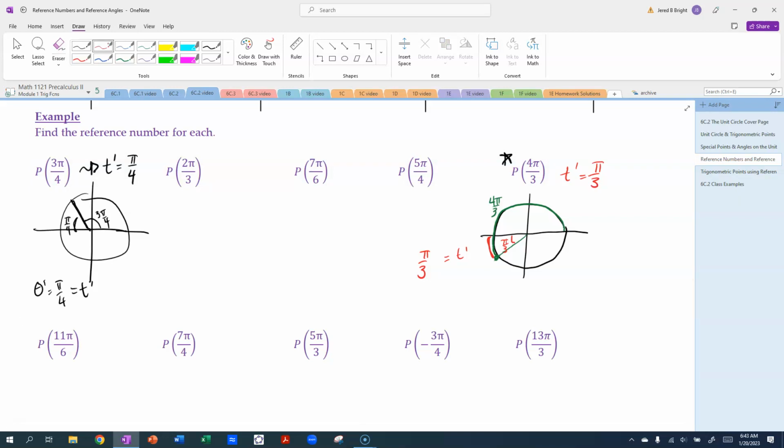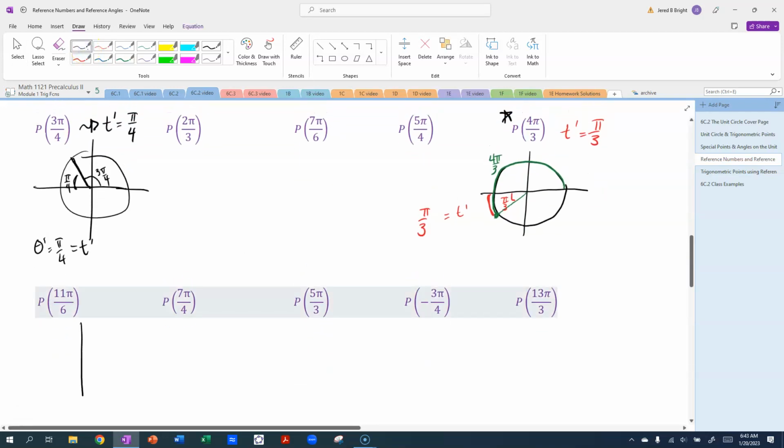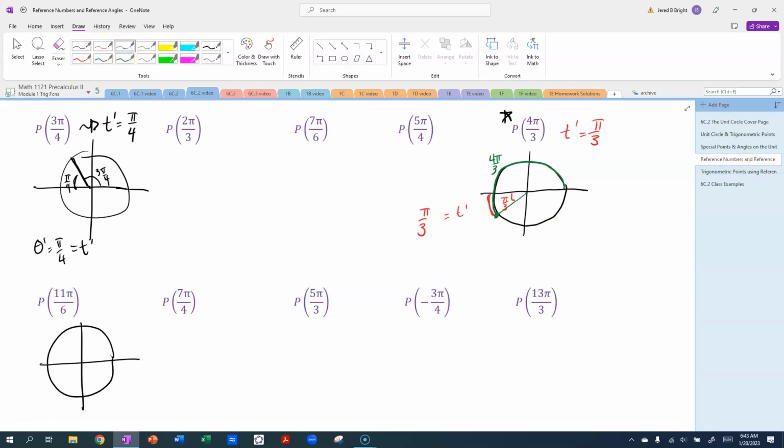Next one, 11 pi over 6. Again, make a little sketch here, and I'm going to sketch 11 pi over 6. Its terminal side would be here, go all the way around to here. That's 11 pi over 6. And then again, from P of t to the x-axis, that would be our t prime.